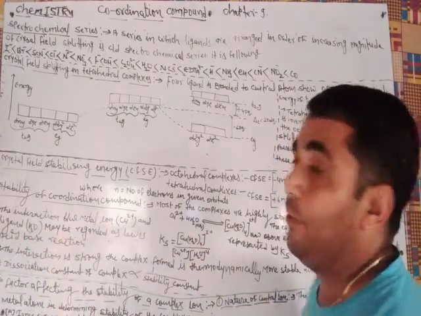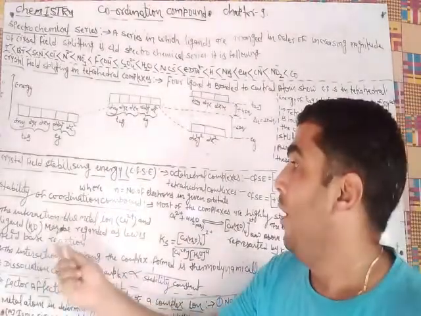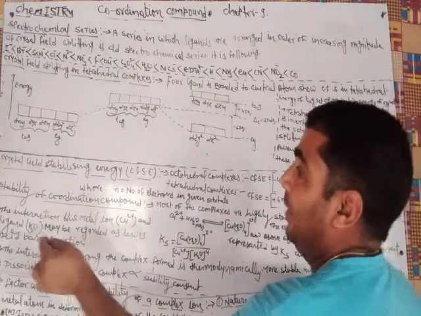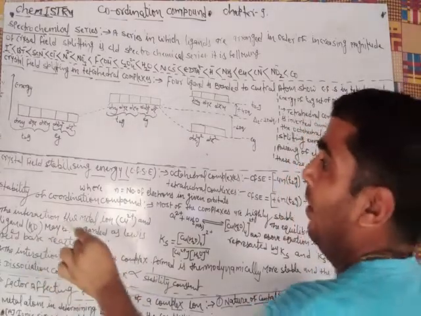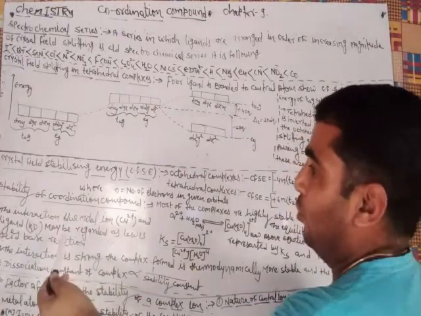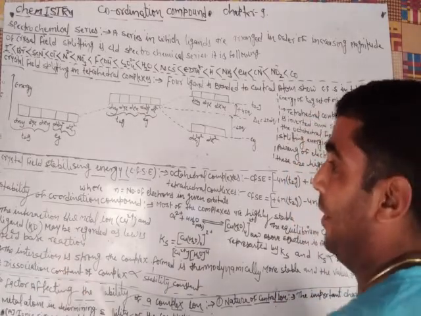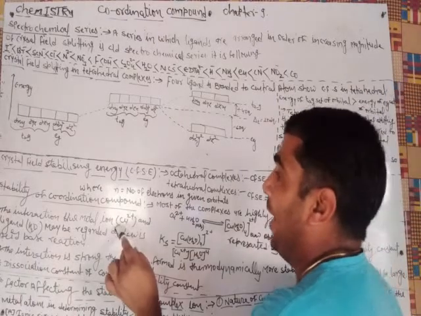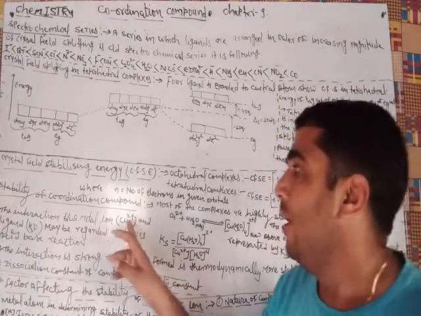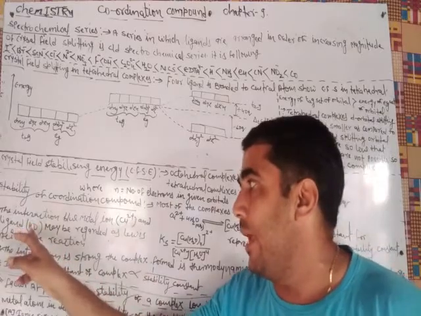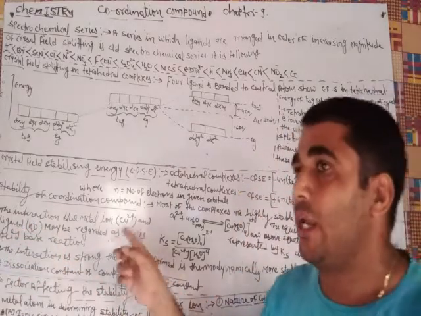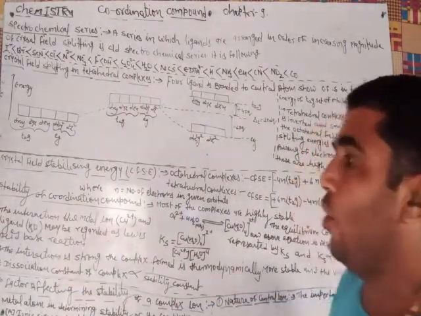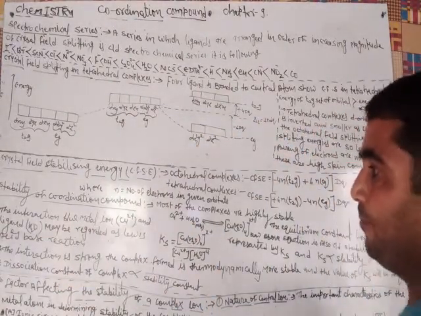We know the interaction between metal ion and ligand is electrostatic, also known as ionic, and is regarded as a Lewis acid-base interaction. Here the acid is the metal and the base is the ligand, because the metal always has an electron accepting tendency and the ligand always has an electron donating tendency.